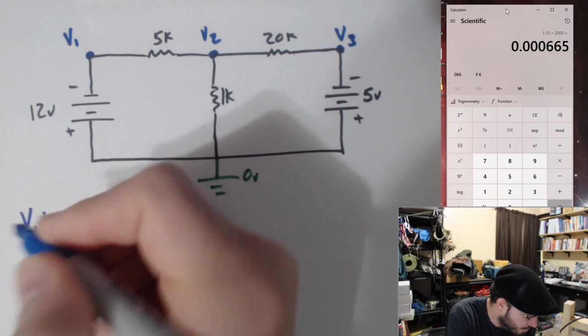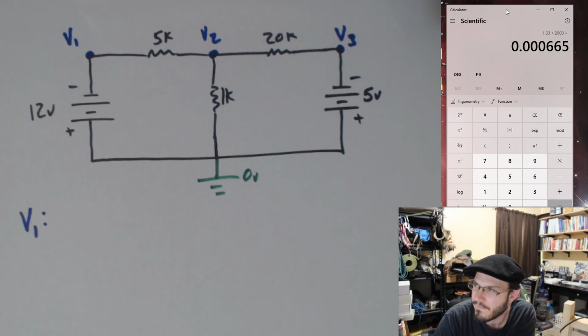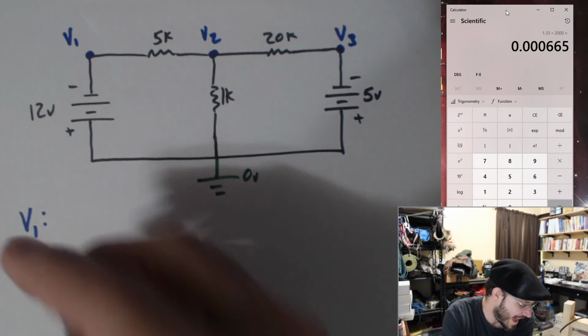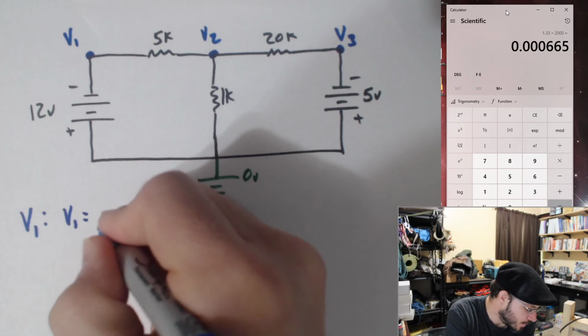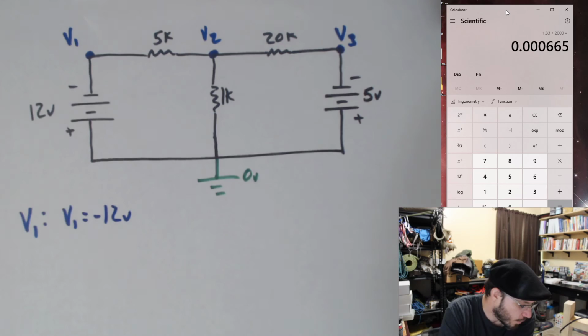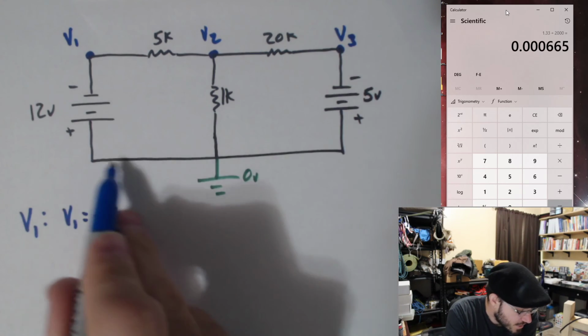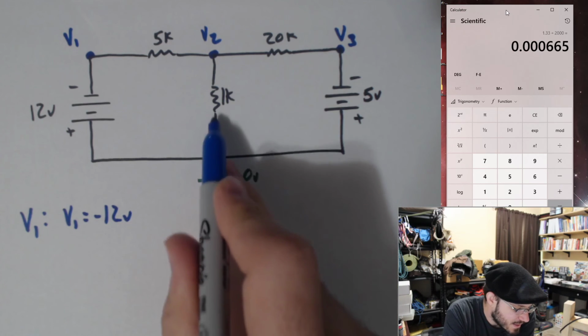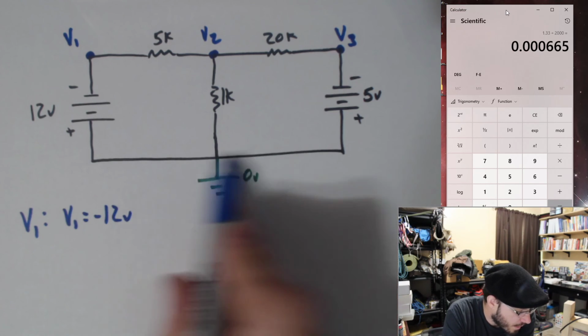All right, someone give me the KCL equation for V1. Yeah, V1's just equal to minus 12 volts, okay? Here's how we got that. I labeled this point as 0 volts all along this wire.